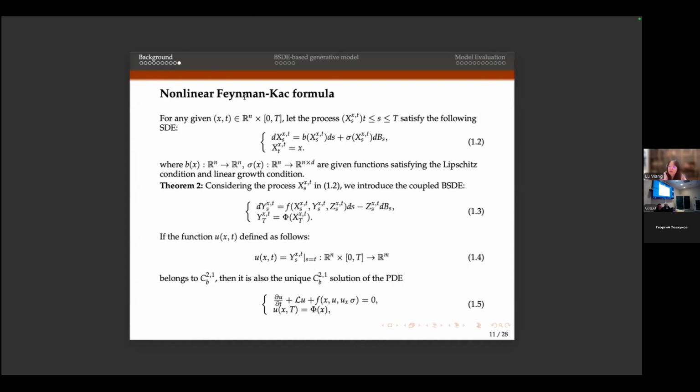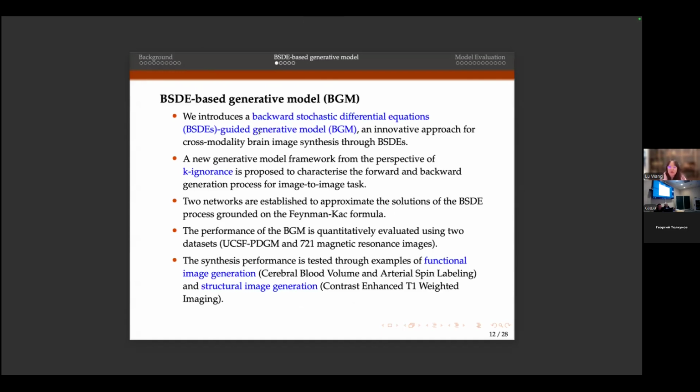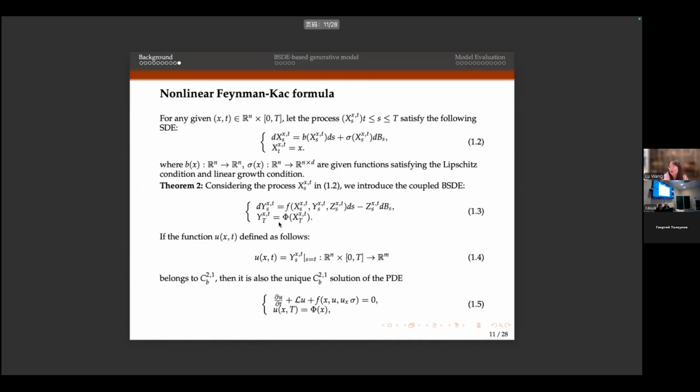Based on this result, we formulate our main idea: we recognize that BSDE is a powerful tool for designing a pathway solution towards a future. The Feynman-Kac theorem indicates that BSDE can facilitate the transformation between distributions, because we can see that x0, y0 and yT may have a relationship.